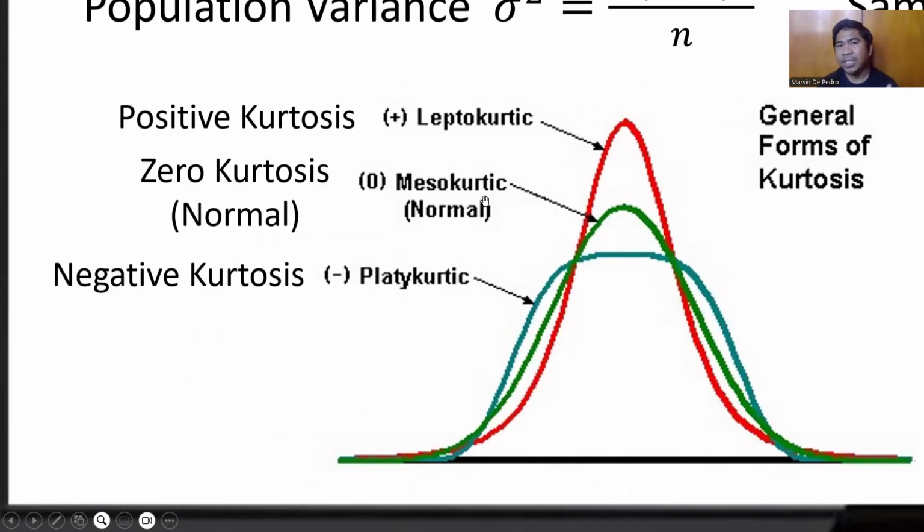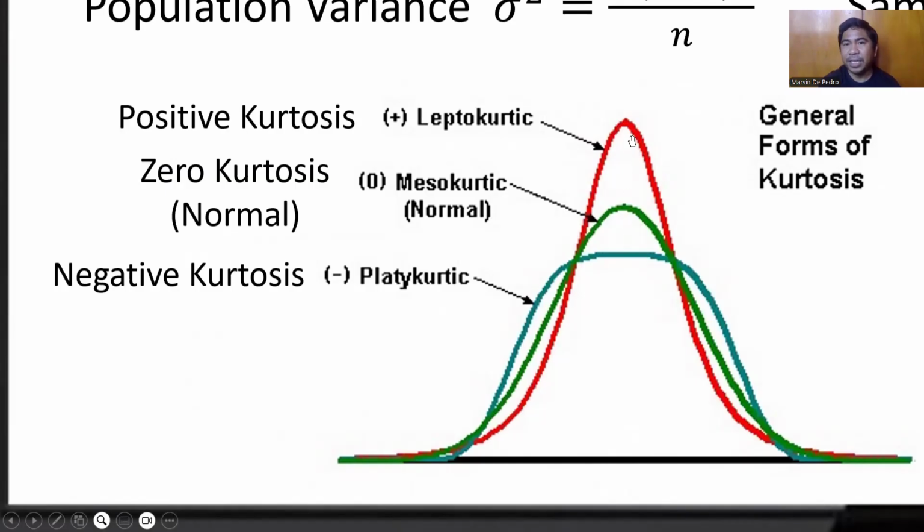If our data set is said to be mesokurtic, then it has neither positive nor negative kurtosis. Meso, just right, normal. But if we have a positive kurtosis, meaning the data set is not well spread, they are very close to the center.